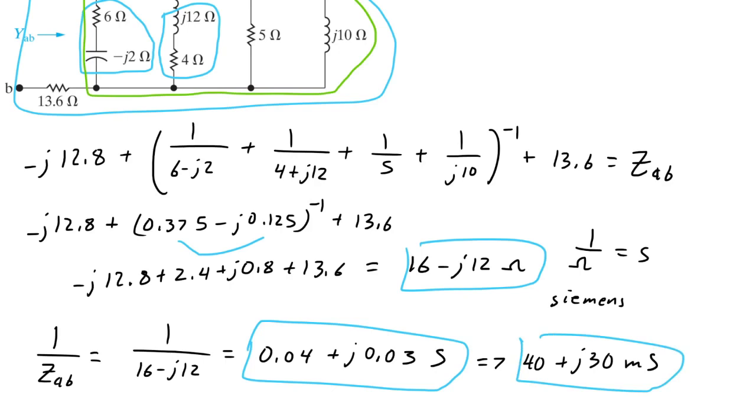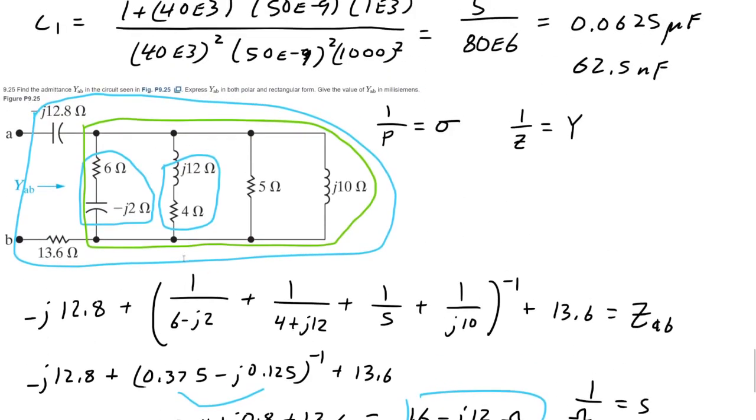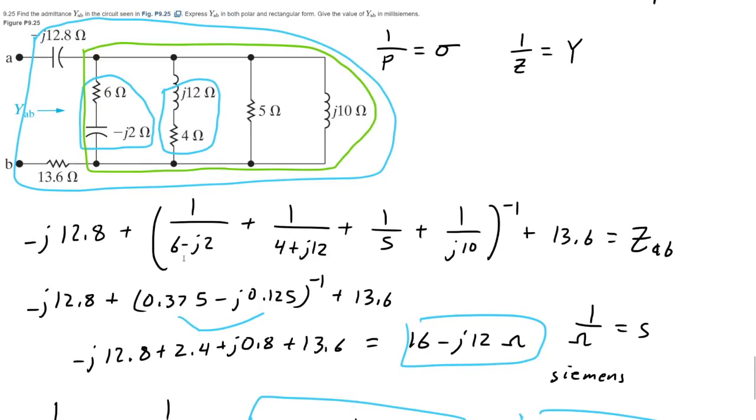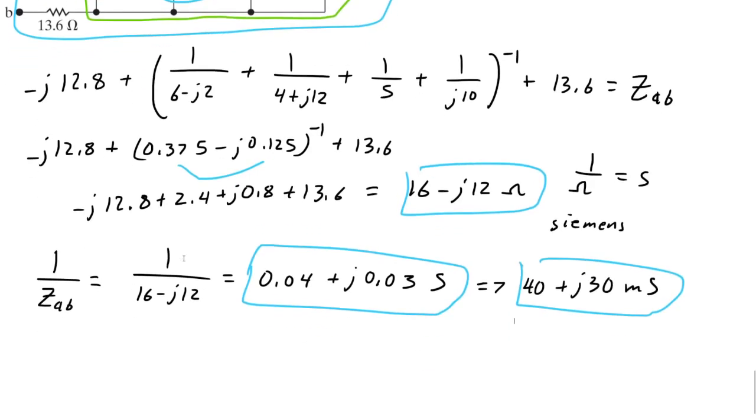I think there's one more part of this problem. Let me double check. Oh yeah, express YAB, the admittance, in polar and rectangular form. Well, we already have it in rectangular form. So if we want to turn it into polar form, all we've got to do is find the magnitude and the angle.